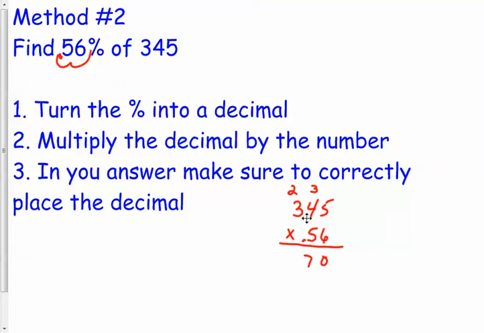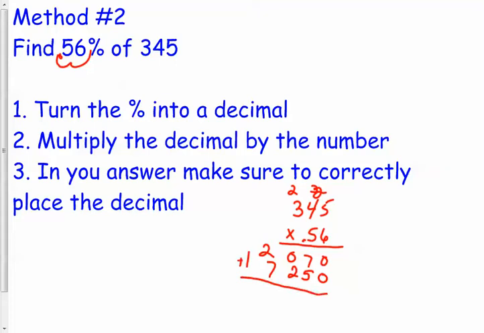And then 3 times 6 is 18, plus 2 is 20. And then put a 0 because I'm going to start in my second row. So 5 times 5 is 25. I'm going to put a 2 up here. So this is 20, 22. And then that 2 stays up here. Then 5 times 3 is 15, plus 2 more is 17.